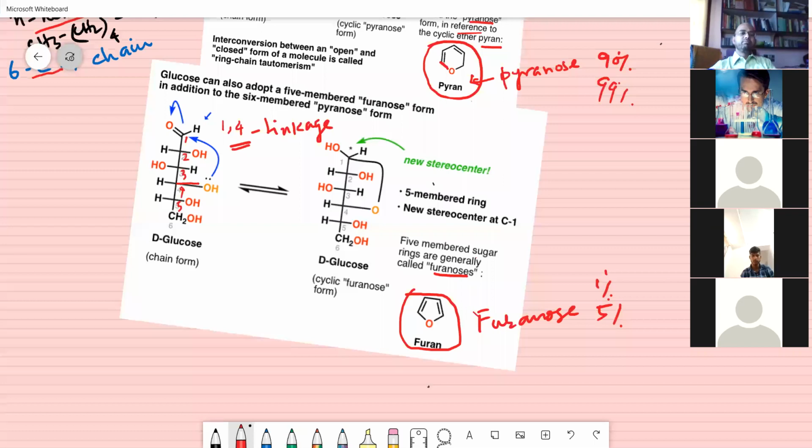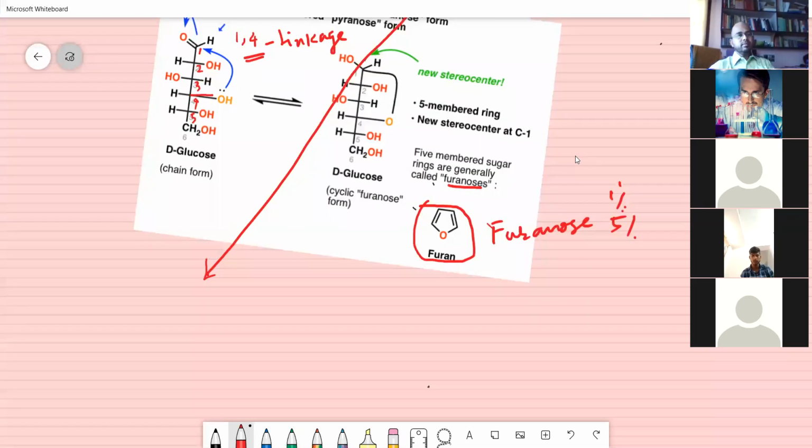And the beauty with this pyranose structure is that it can be written like this. Pyran is equivalent to this, why? Because you have got 2 hydrogen atoms at every place.